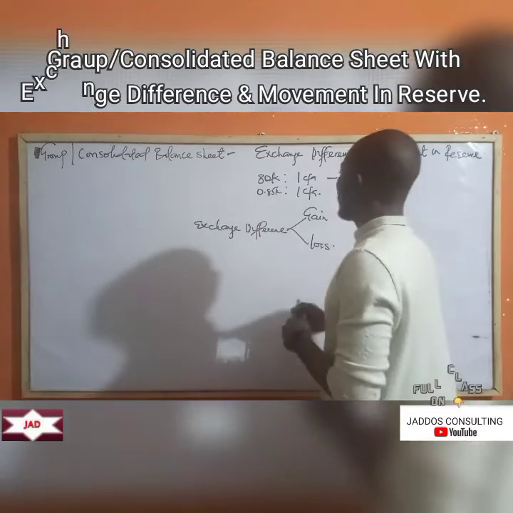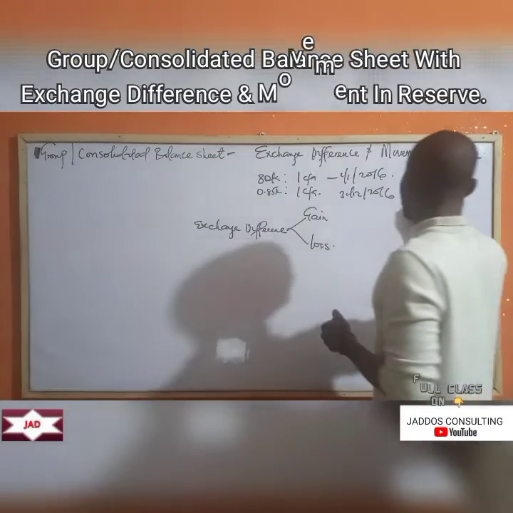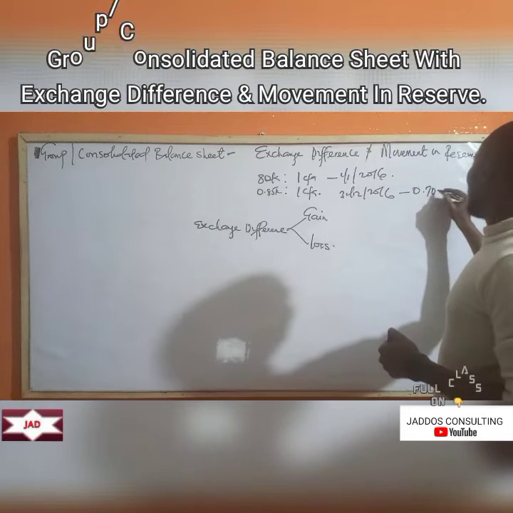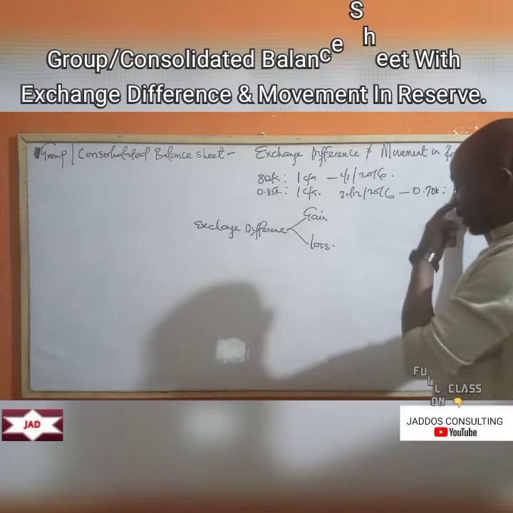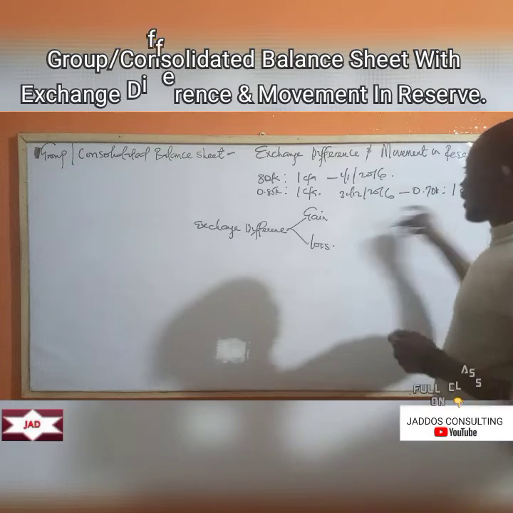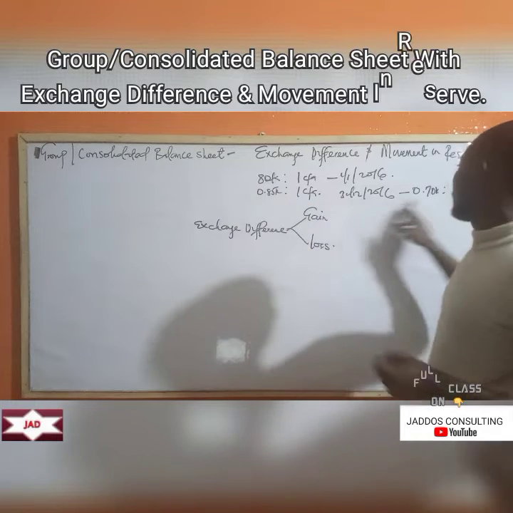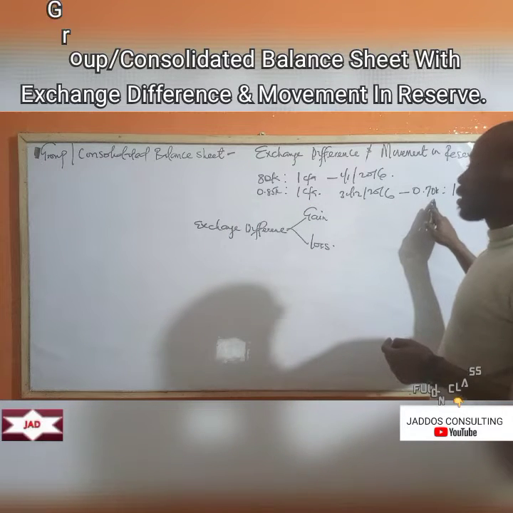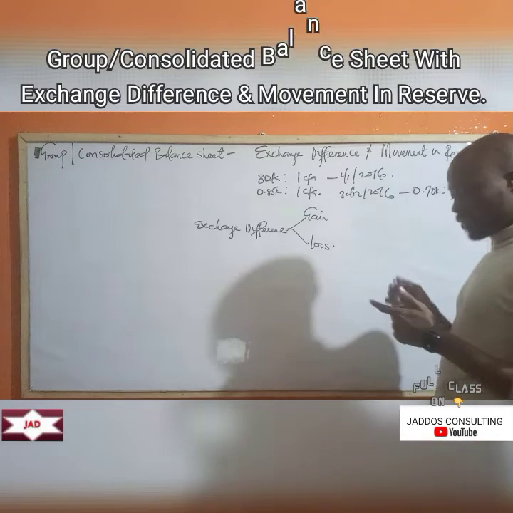But if on this same date it is now 70 kobo, and you bought at 80 kobo, that means there's a loss. That is a single entity.